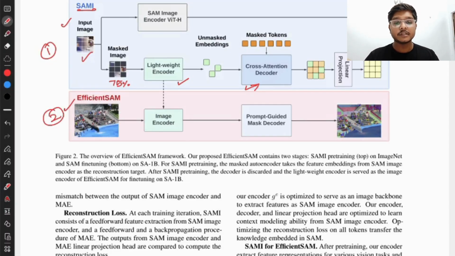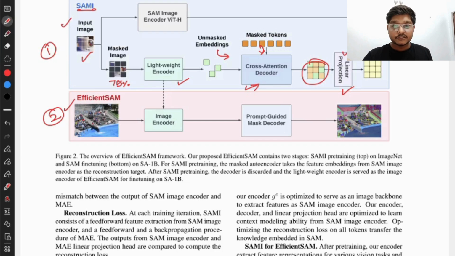In our SAMI decoder, the queries are the masked tokens, while the keys and values are derived from both the unmasked embeddings and the masked tokens. Then comes the linear projection head. Because the output dimensions of our tiny student model and the massive SAM teacher might not match, we use a simple linear projection head to align them for comparison. So this is stage 1.